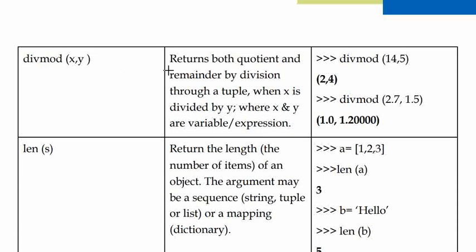So it returns the quotient and remainder. See, divmod(14, 5): the quotient is 2 and the remainder is 4. divmod(2.7, 1.5): the quotient is 1 and the remainder is 1.2.